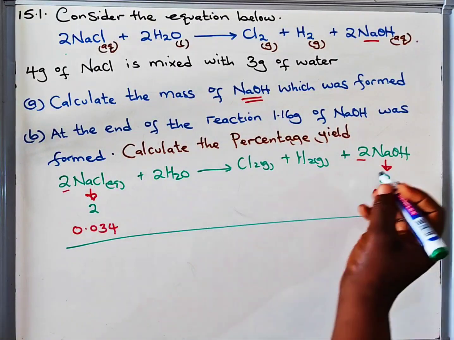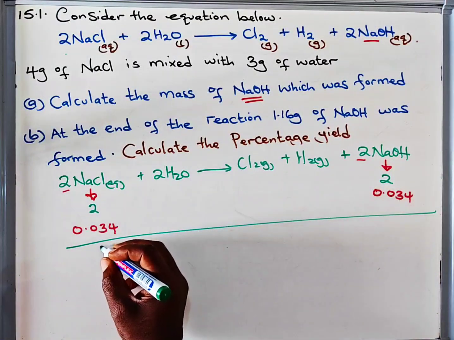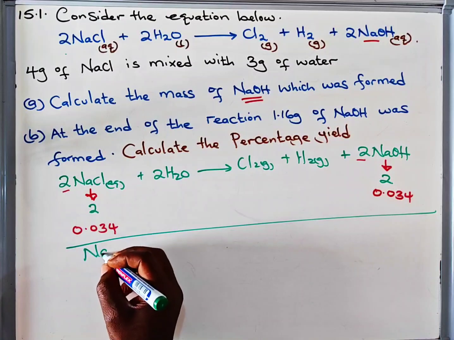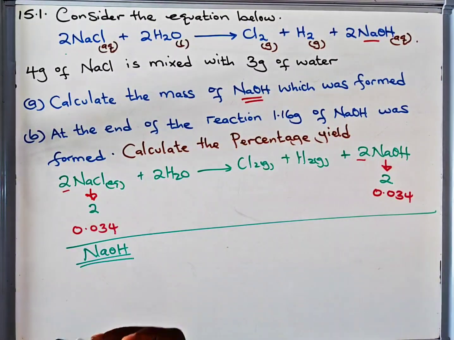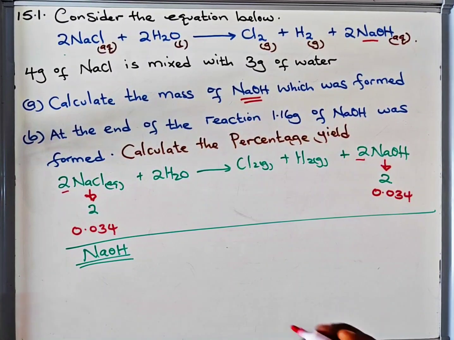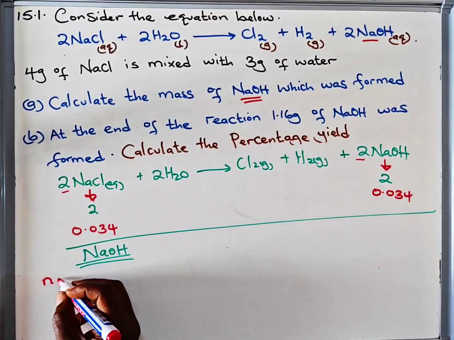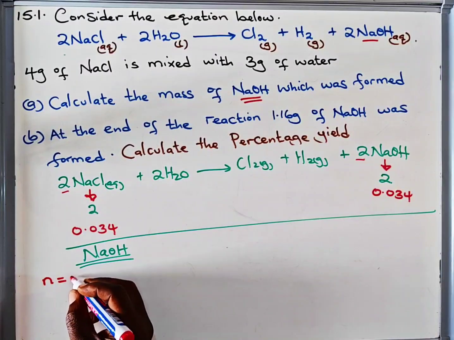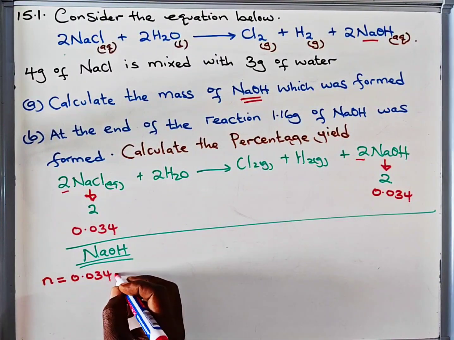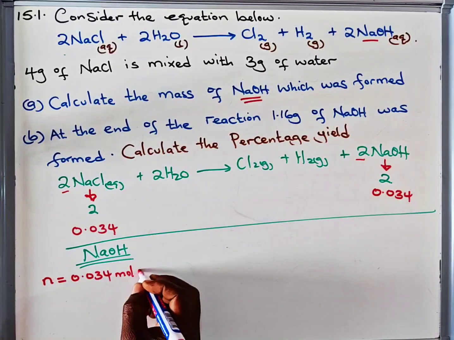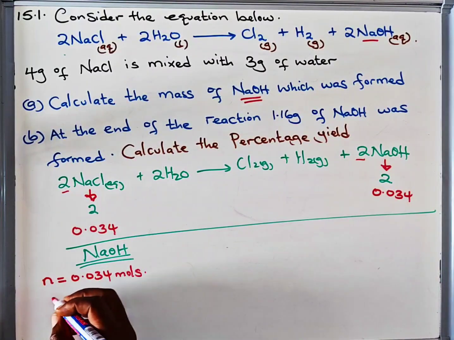From there, what do we do? You come to this compound. What is it? Sodium hydroxide, because it's the one you are calculating. And you list everything you know about it. First, we know the number of moles, which is 0.034 moles. What else do we know?